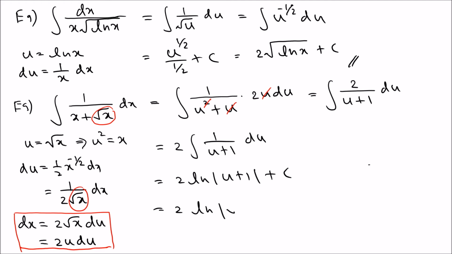So you can say it is ln of square root x plus 1, plus c. So that's how you do that problem, and you can see there are special simplifications going on here. You pick the u, and after that you transform this problem to something that is easy to integrate.